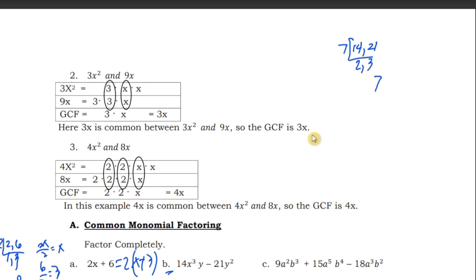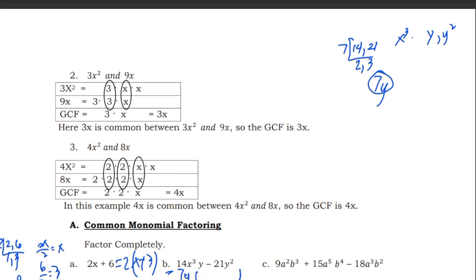So we have 7. Then x cubed and y squared. We don't have x in the other term, so we could not get a common factor for the variable x. For y and y squared, the lower exponent is y. So 7y is the common monomial factor of this. So I just write the 7y.